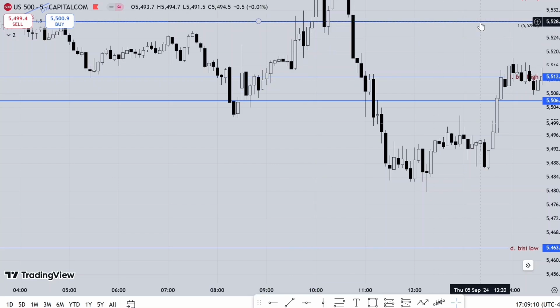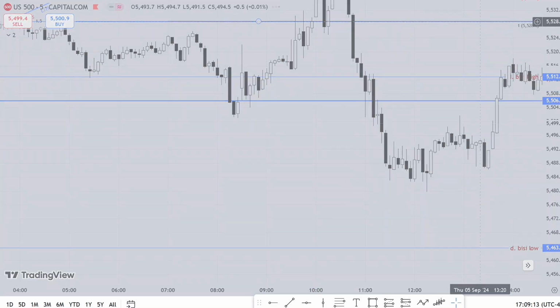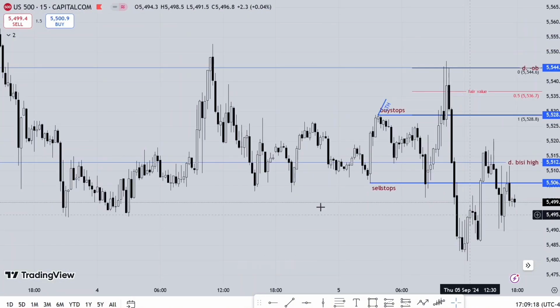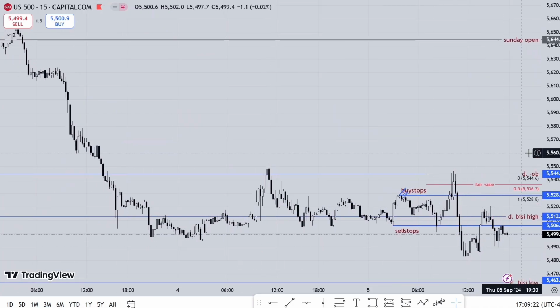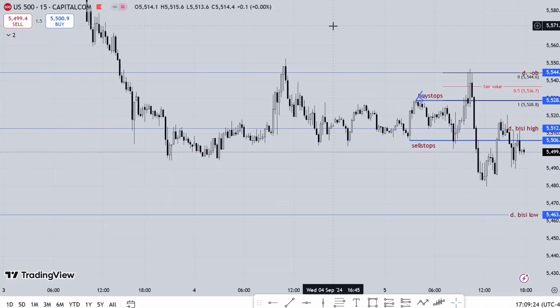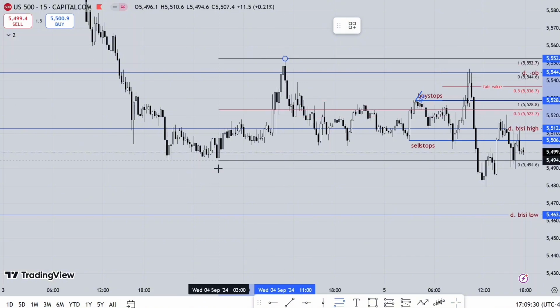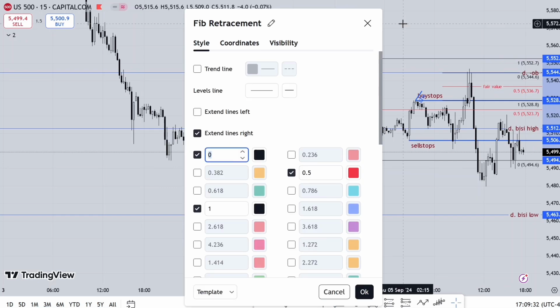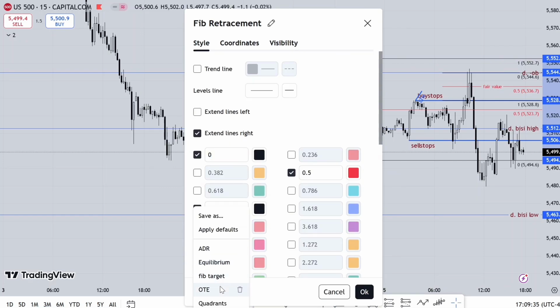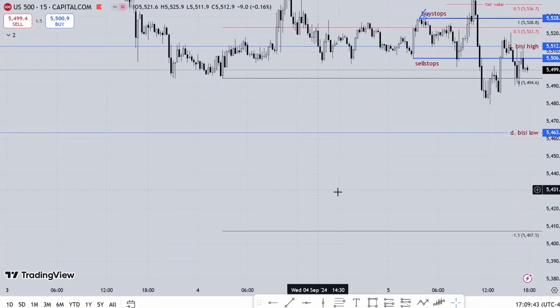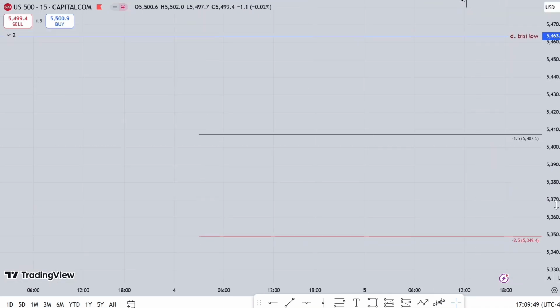From your 15-minute time frame, this is a swing trading projection model that I'm about to show you right now, so it's not necessarily for you. If you take your fib from this high to this low here, and then you look for the standard deviations, negative 1.5 and negative 2.5, you would have this.